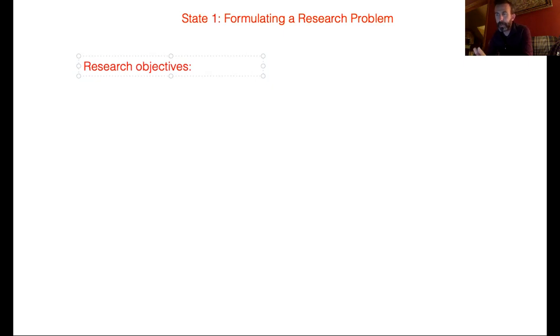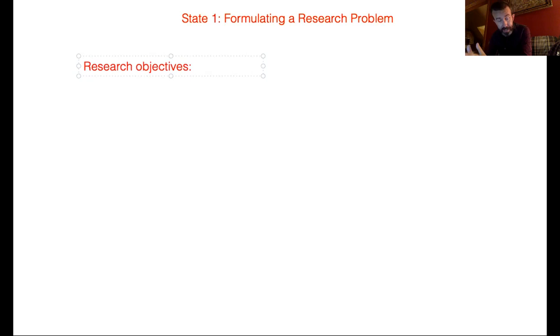Take, for example, my example study. I said the research problem concerns the experiences of filmmakers in North Bay. Well, the research question, and there can be more than one: what are the experiences of filmmakers in North Bay? Good.